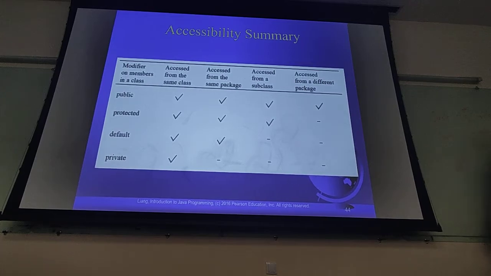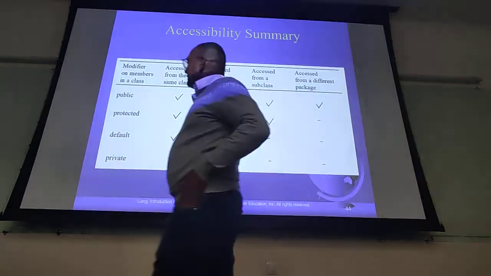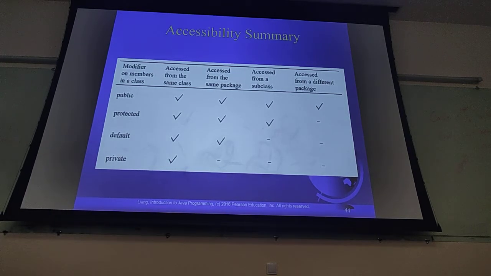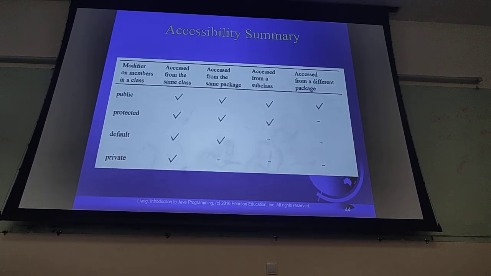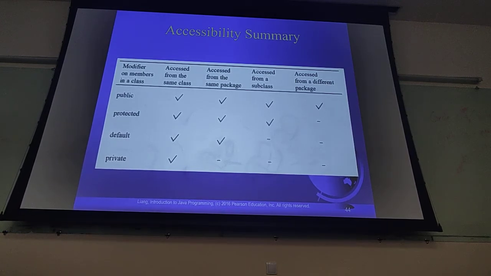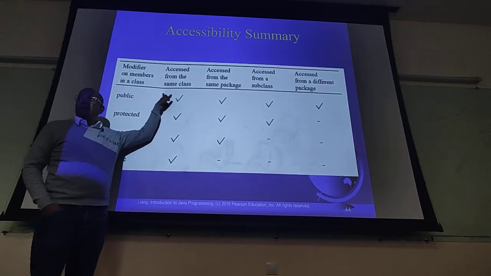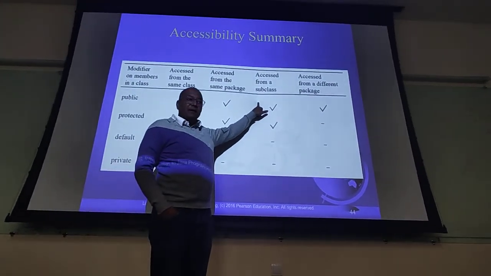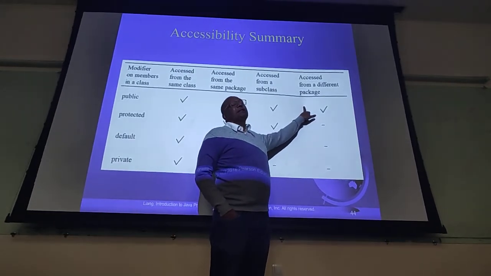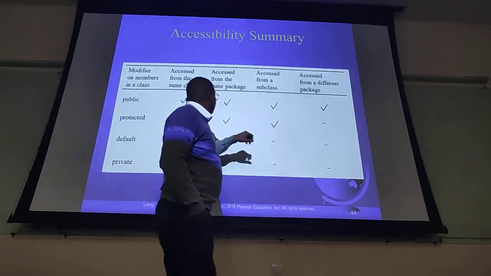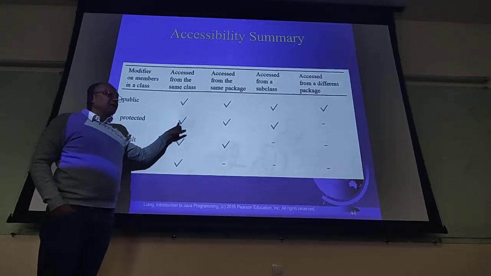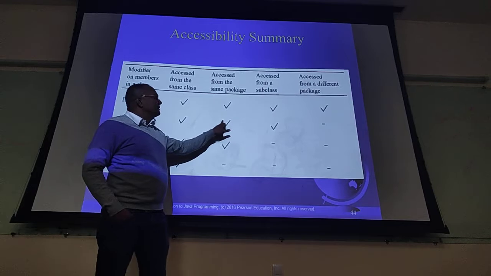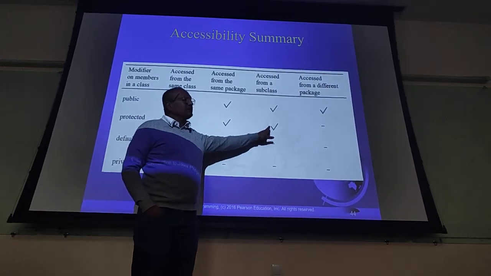Who will explain the chart? It just shows how it is possible to access. Scope of the access. Scope is what? If it is public, where can you access? Inside the class? Yes. Inside the same package? Yes. Inside the subclass? Yes. And access from a different package? Yes. Are we clear? Okay, protected. Inside the class? Yes. Package? Yes. And subclass? Yes.